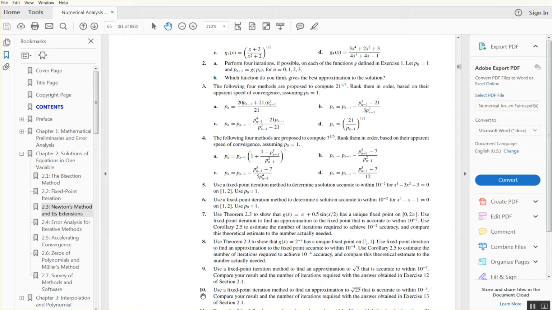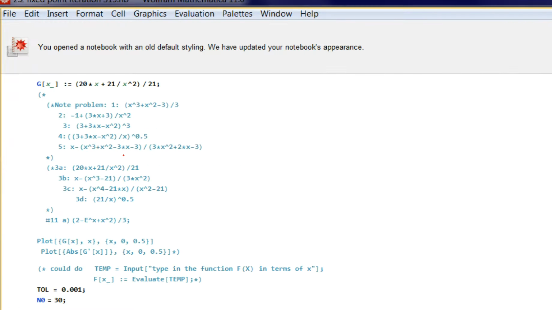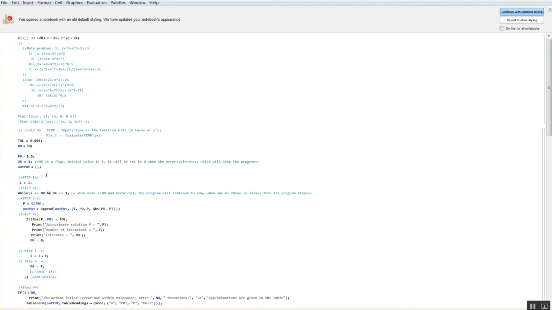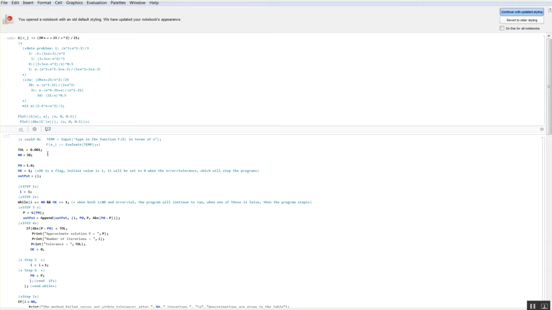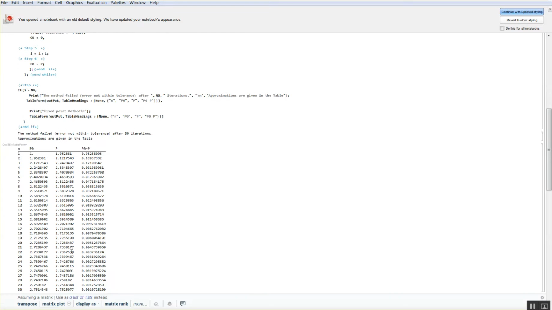Now, just to show you that I do type in my first function, I would like to run it using the initial value. This is my initial value, p0 is 1.0. So I'm going to run it, and now take a look at my output.